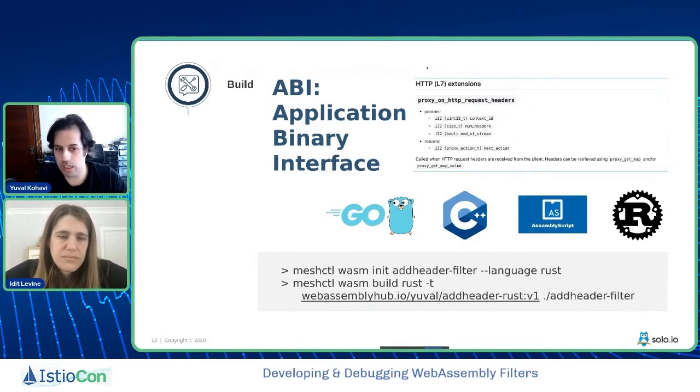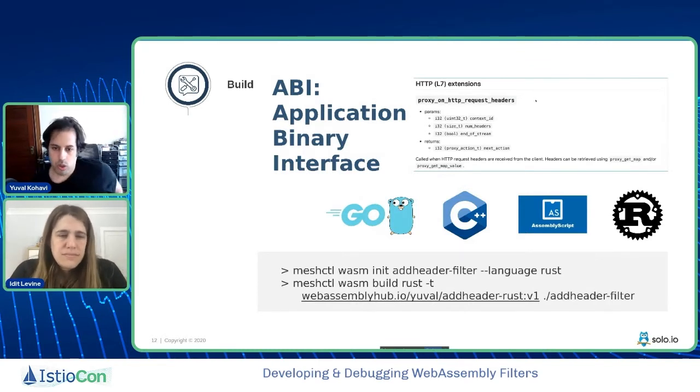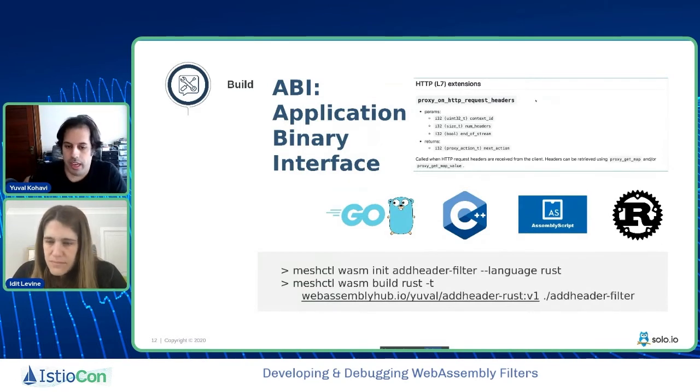That contract is called the ABI, the Application Binary Interface, and it is a set of functions. For example, we have one function illustrated here, proxy_on_http_request_headers, that the filter needs to implement, and Envoy will call it on the request path as data comes in to Envoy.